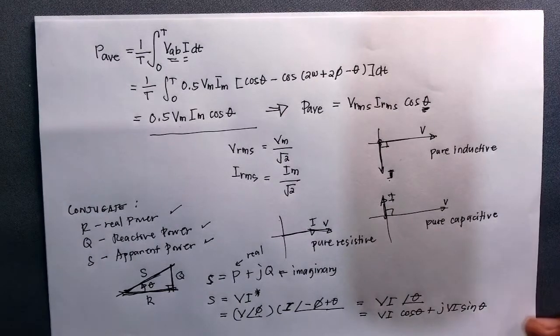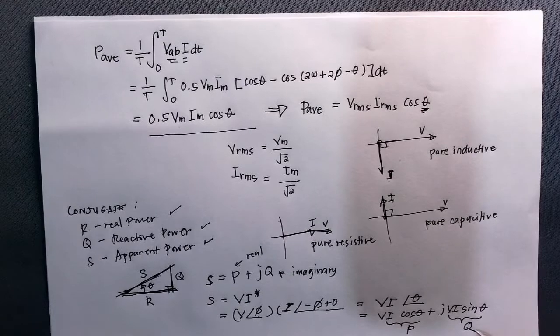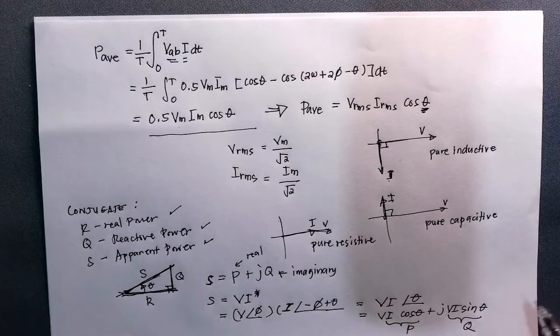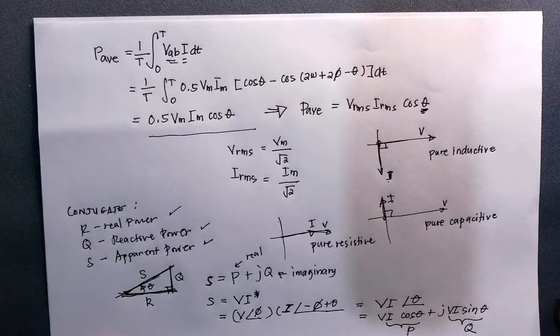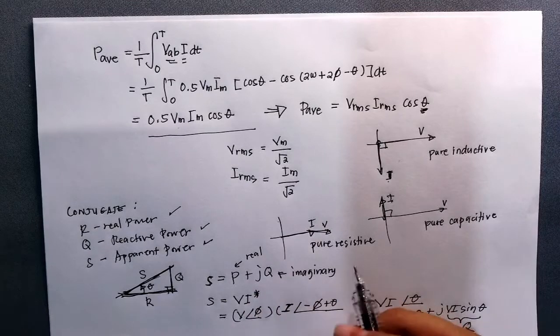So therefore, your term VI cosine theta is the real part. This is your P, and this one is your Q. Okay, so it's so easy for us to get the three types of power by having the conjugate of your current.